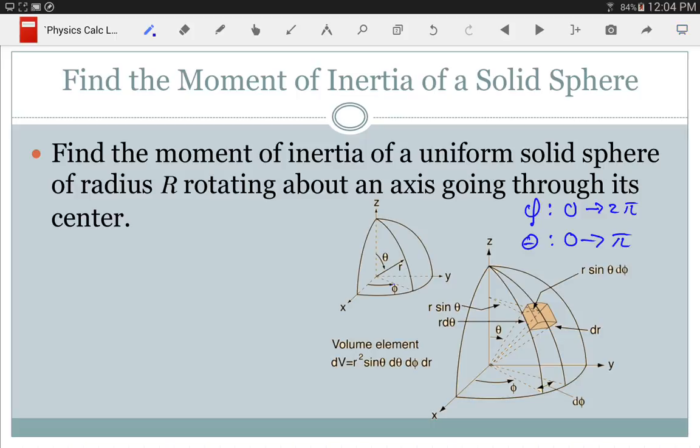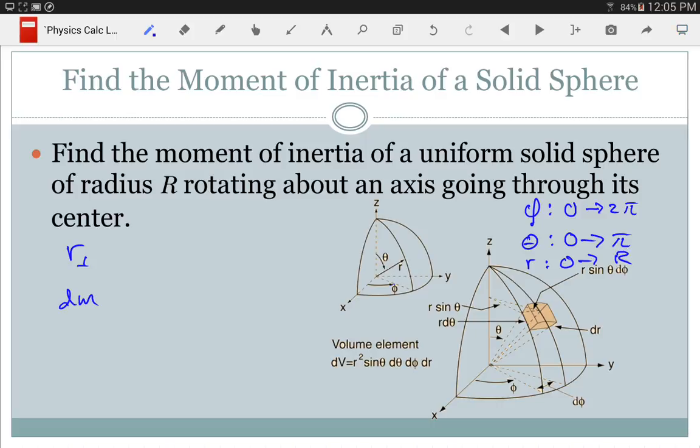So it's the distance from the center of the sphere. So r goes from 0 to capital R. So now I've already defined my limits for a typical problem based on what they mean. I need to know r perpendicular and dm. Those are the two things I need, plus my limits, to find the moment of inertia.